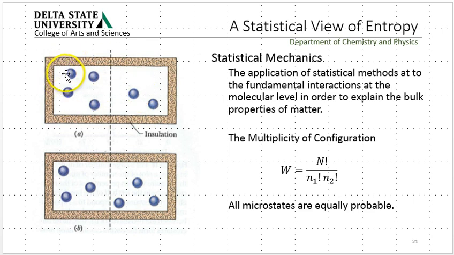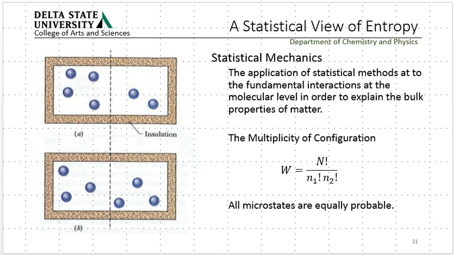Because you have to remember, this molecule could be here and this one there. So there are tons of ways that we can do this, and it comes down to the multiplicity of the configuration, which is N factorial over N1 factorial, where N1 is the number over here, and N2 factorial, the number over there. And we assume all microstates are equally probable.